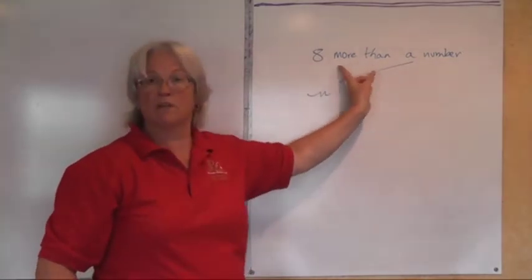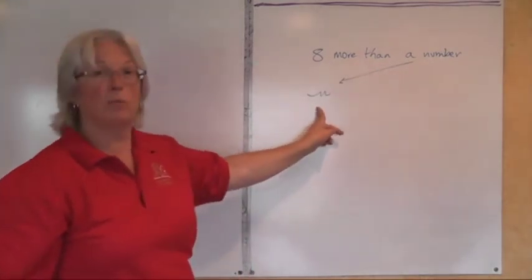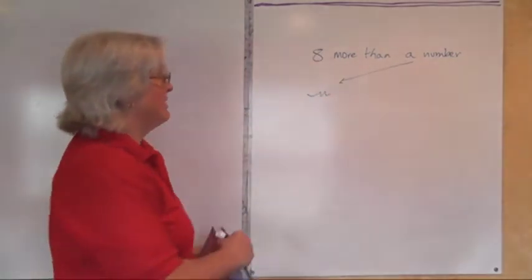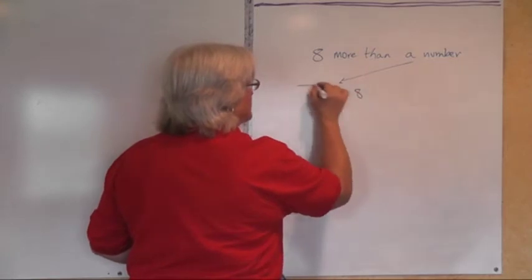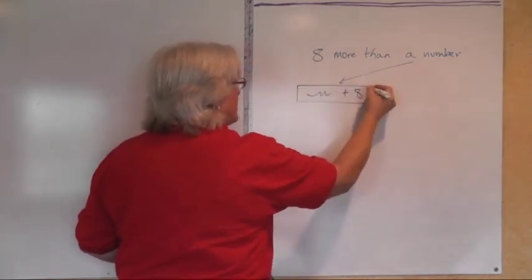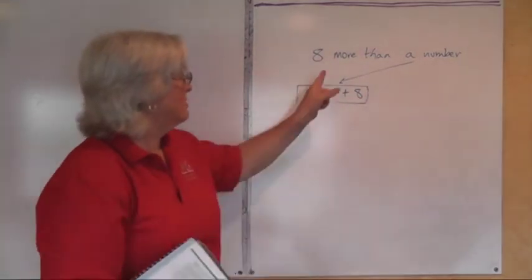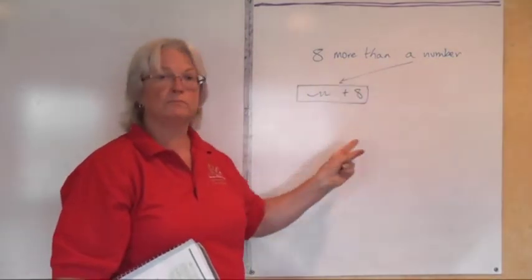How do you do more than? If something is more than, you've added to it, haven't you? So you have this number n that you started with. 8 more than that means that you add 8. So this right here, n plus 8, is the technically correct, if you will, translation from the English into the algebra.